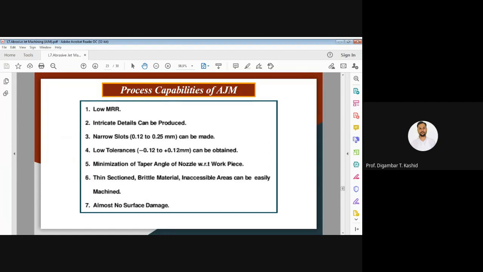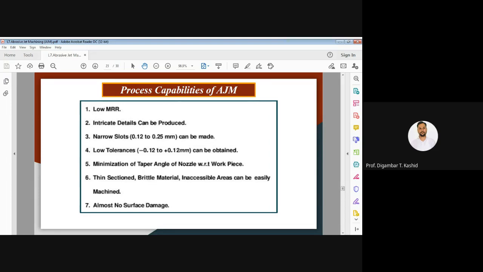Thin sections can be machined using this process. It is also very good for brittle materials. Inaccessible areas in any component or part can also be machined using this process.